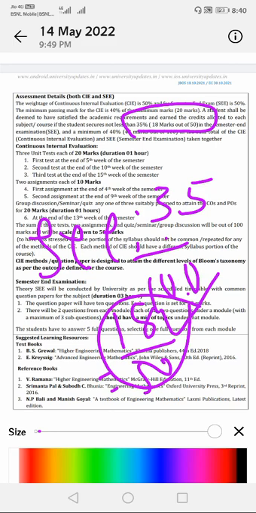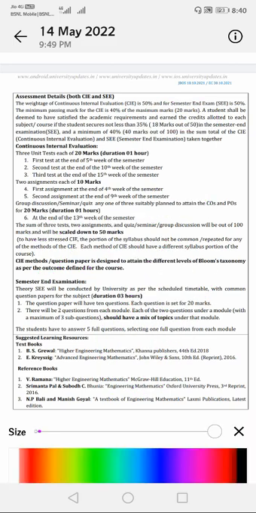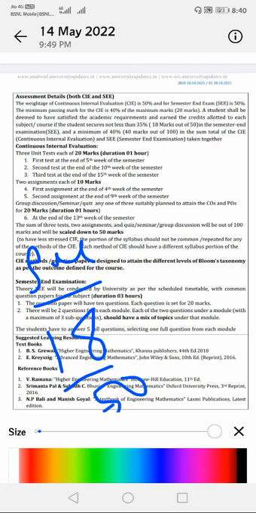Okay, now here I told, semester end examination minimum you should get 18 for 50. Now the question is, look at this last clause.